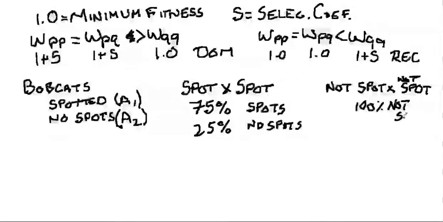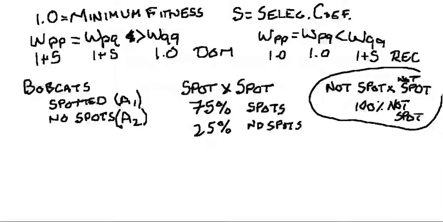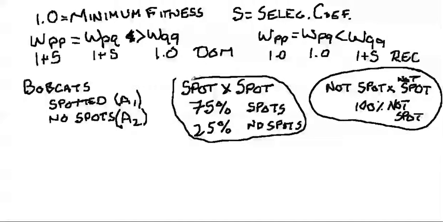not spot. Now the most important one here is this result, because this shows us that whenever we cross not spotteds with not spotteds, we always get not spotteds. But sometimes when we cross spotted with spotted, we do get no spots.